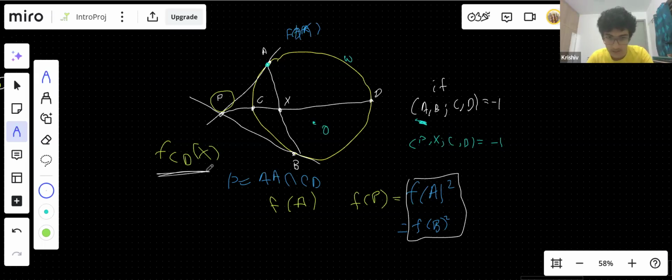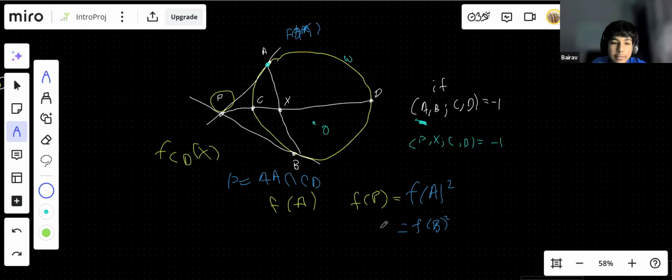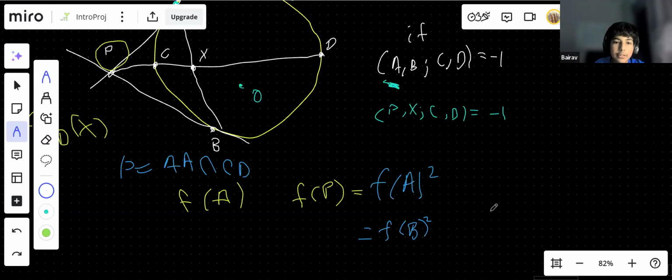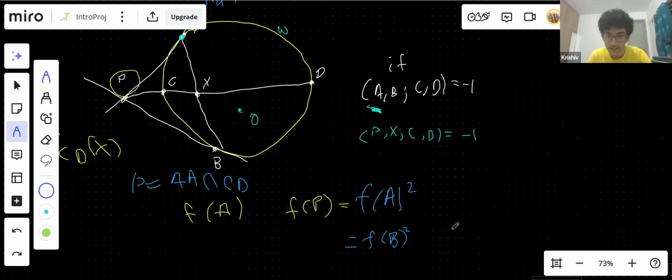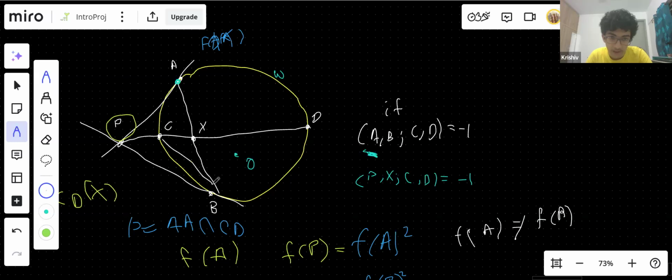Tell us. F of A is equal to minus F of B, and so is proof. Exactly. So f of a squared is equal to f of b squared. Since f of a cannot equal f of b, because otherwise they would be the same point. We have defined anything under to be negative, if you remember.